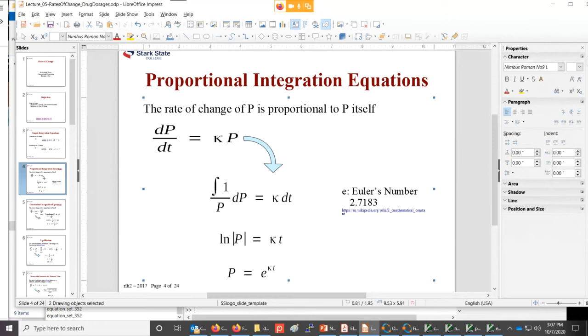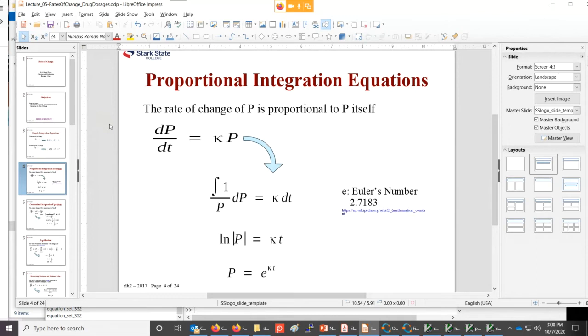All right, but I think it's very interesting that when you look at some system that is changing with respect to the current value of that system, then this irrational value referred to as Euler's number pops up. So the first 5 digits of that is 2.7183.